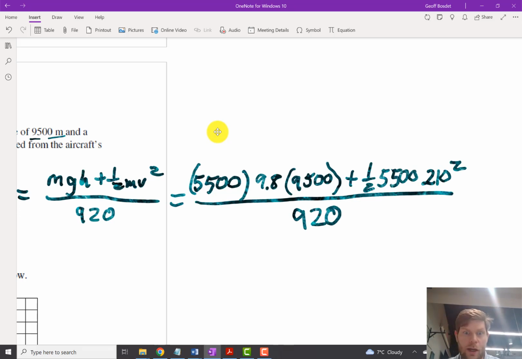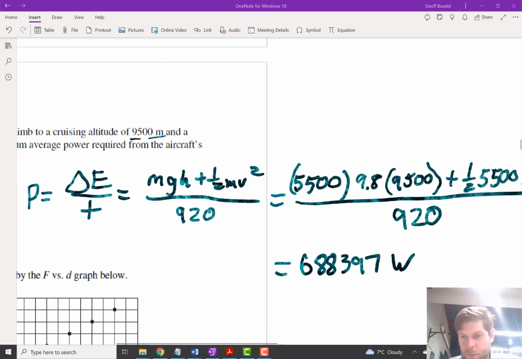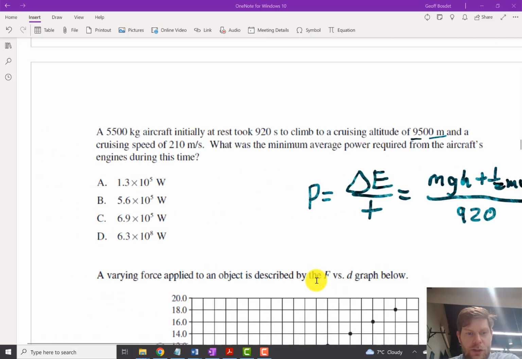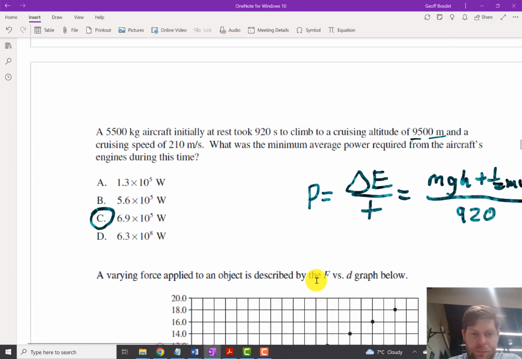So whatever that happens to be, I don't actually know. I guess I can find out. So this is what my calculator gave me, very much not using sig figs. And so our answer is that.